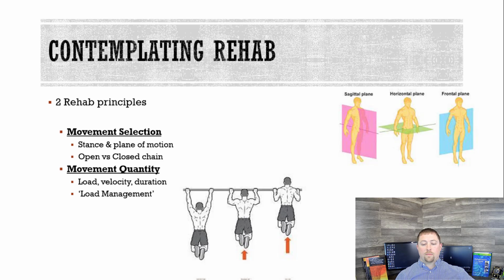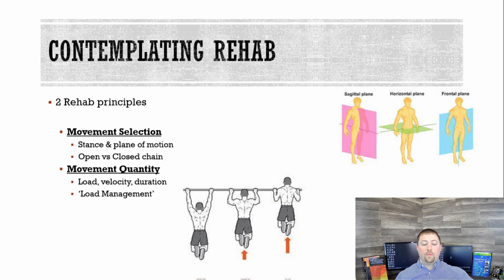The image on the top right of the screen shows sagittal plane, horizontal plane, frontal plane. Movements kind of happen in one of the three planes if you're being very specific and isolating something. Otherwise, they can happen in multiple. But you should understand what plane of motion you're moving in when you're doing a rehab process.